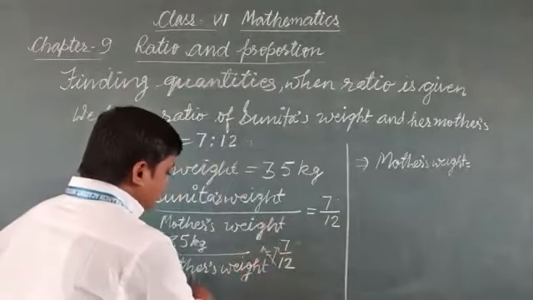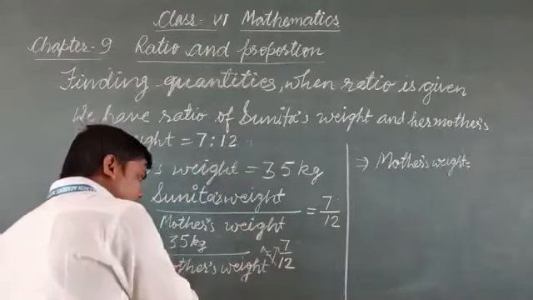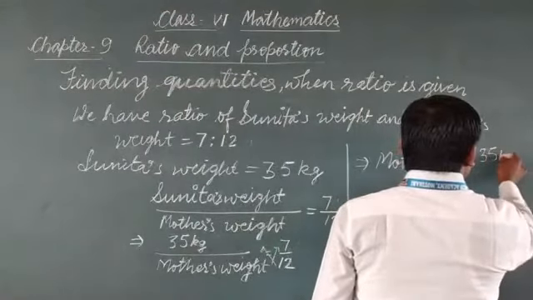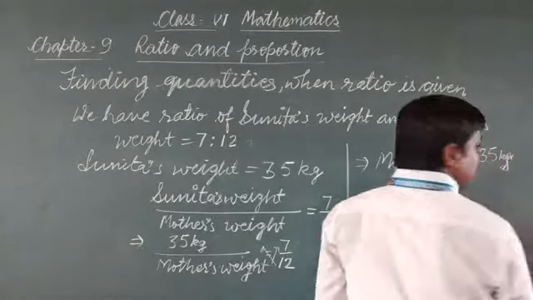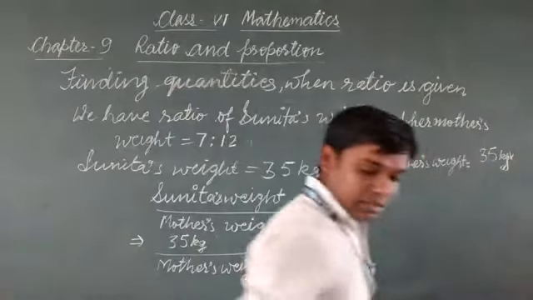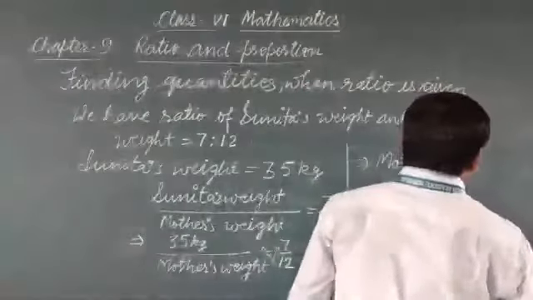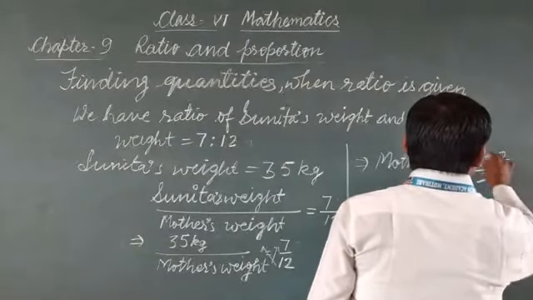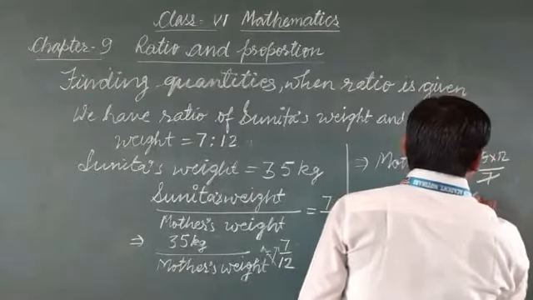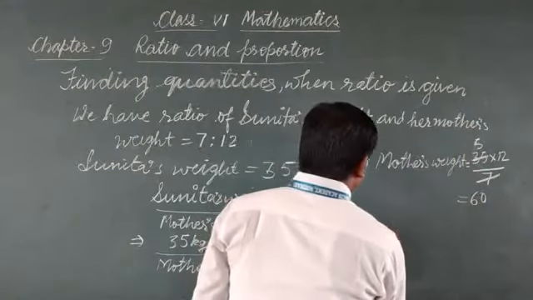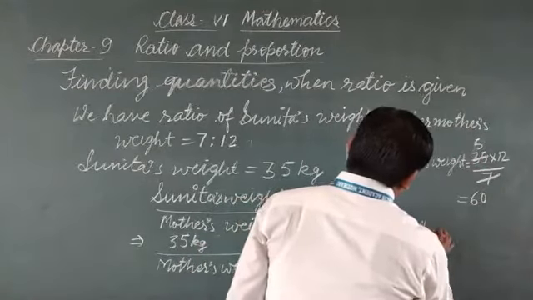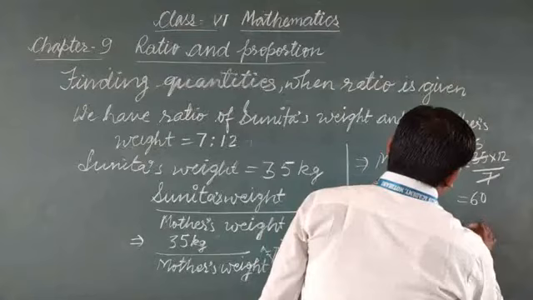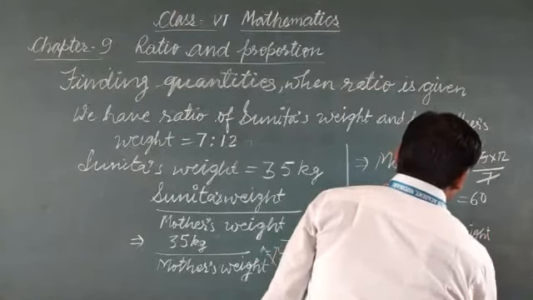Or when we have to find the mother's weight, this will come in the denominator, so it is directly written as 35 kg multiplied by 12 by 7. 7 times 5 is 35, so 12 times 5 is 60. Thus, the mother's weight is equal to 60 kg.